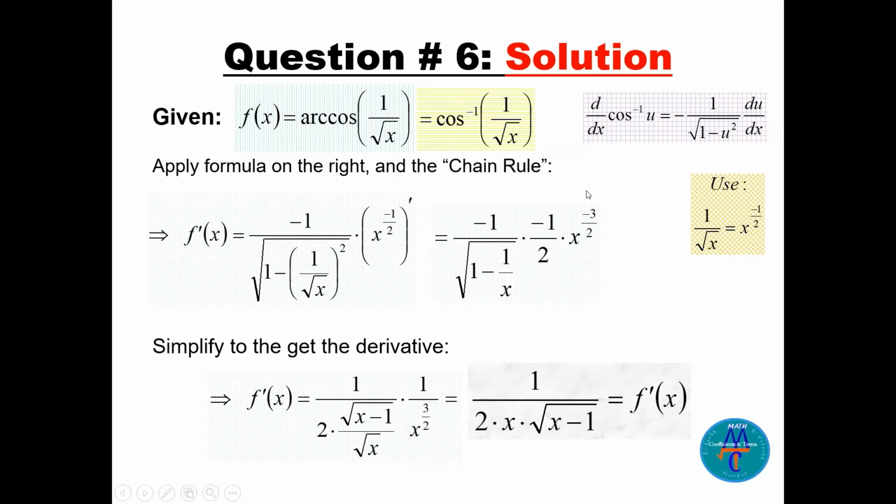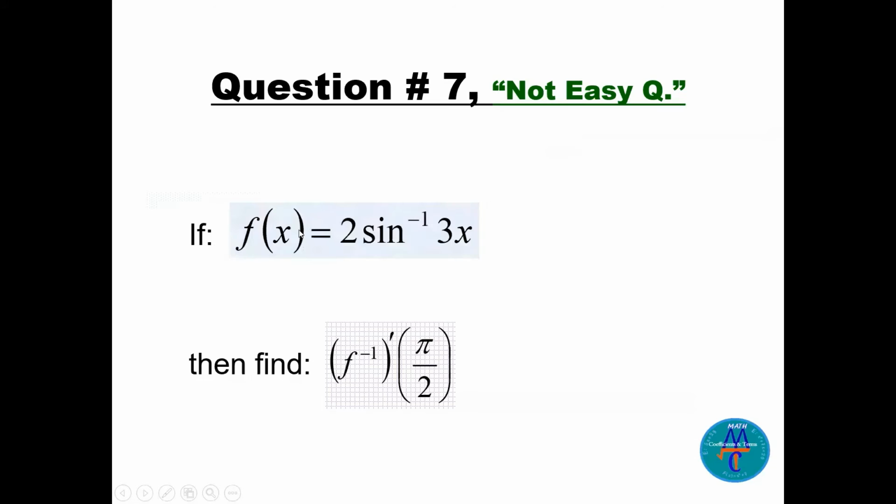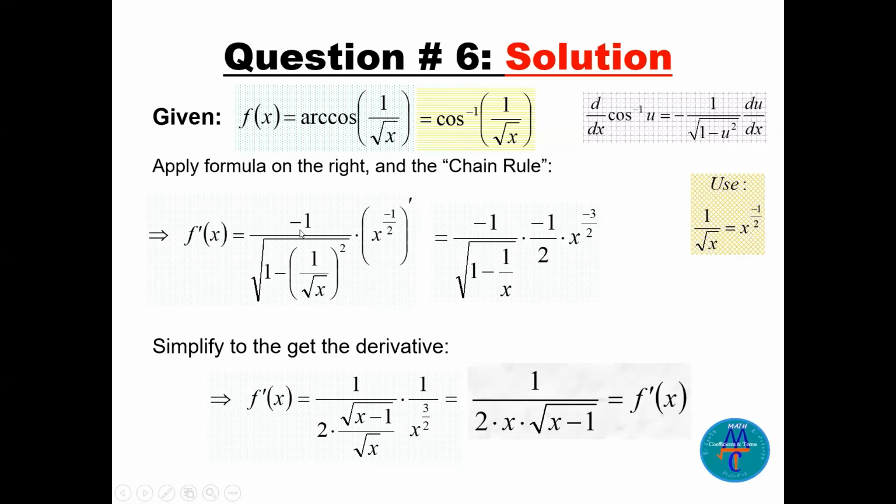Now also, we know that 1 over square root of x is 1 over x to the power half, so we can write it as x to the power minus half. Now the derivative of this inverse cosine will be minus 1 divided by square root of 1 minus all this u, that is 1 over square root of x squared.